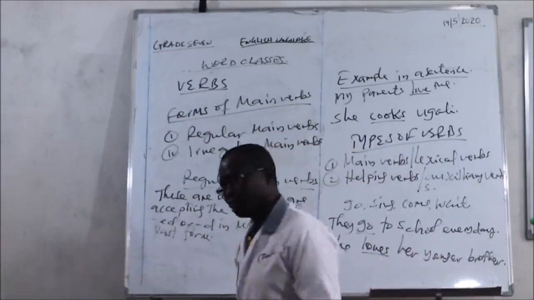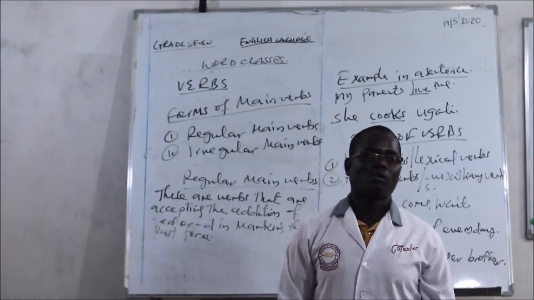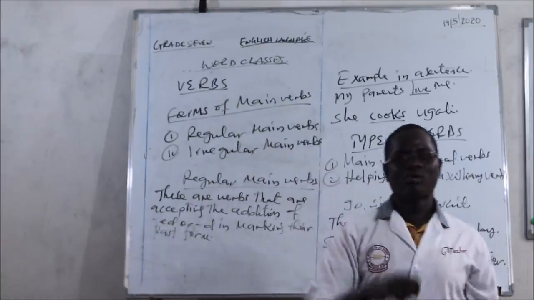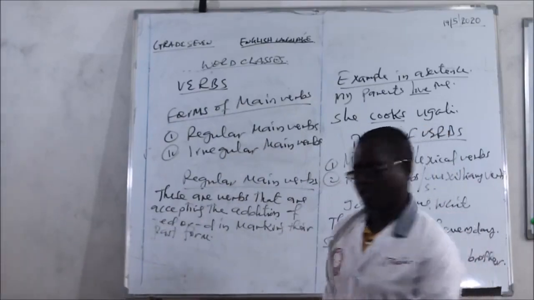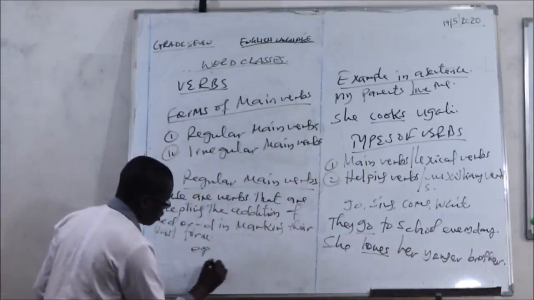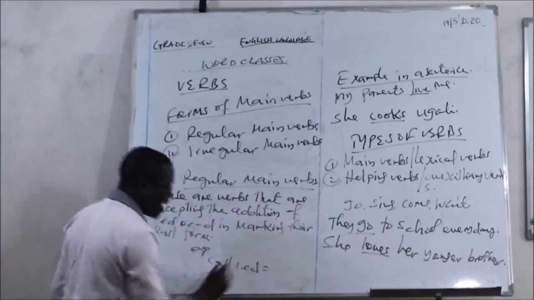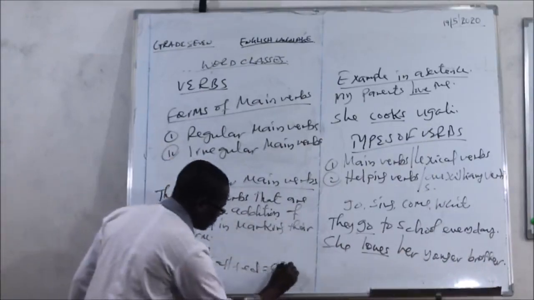For example, take the word call. If you are asked to represent the word call in its past tense, we will say called. See? Call, then if you add here ED, the result will be called.